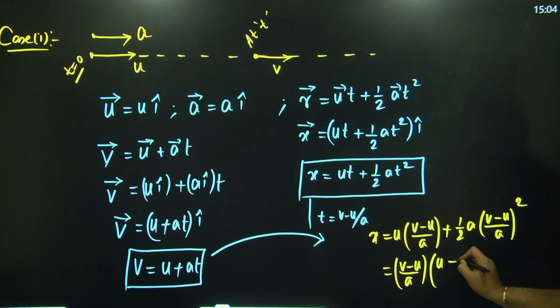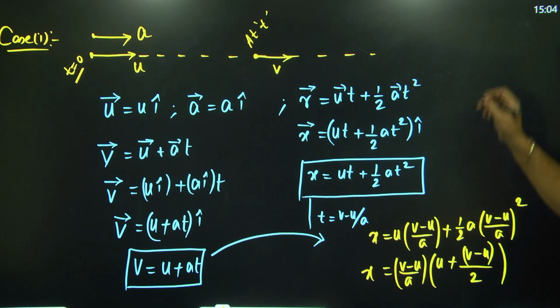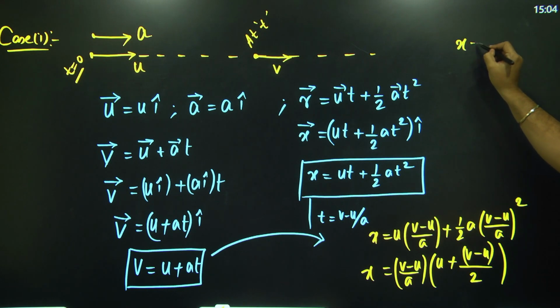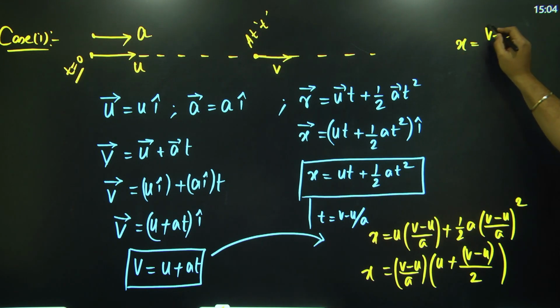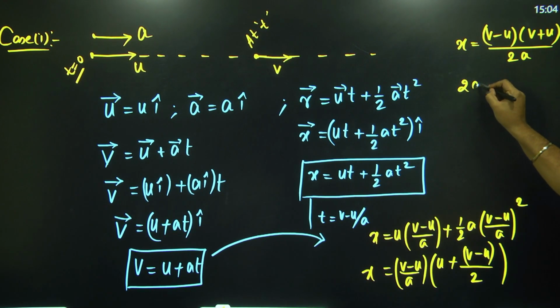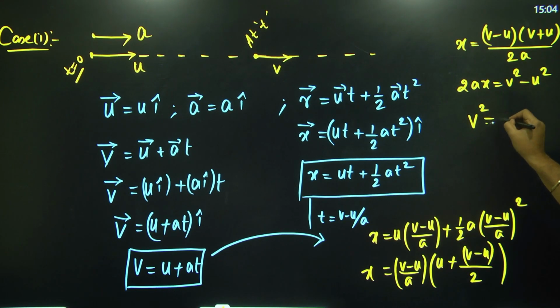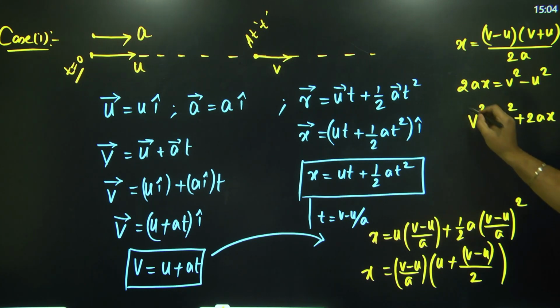Then I have (u + (v − u)/2) equal to x. So I am trying to solve it here. x = (v − u)(v + u)/2a. So 2ax is equal to v² − u². The final equation is v² = u² + 2as or 2ax.